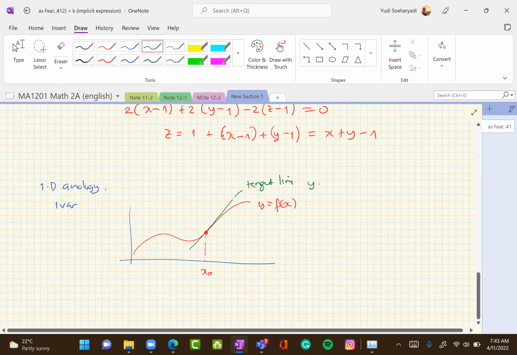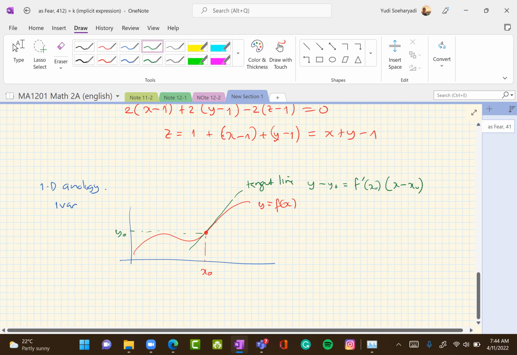The equation for the tangent line involves f prime times (x minus x naught).